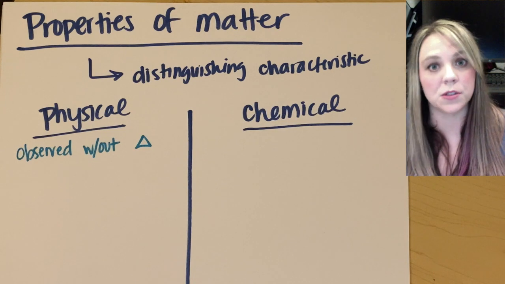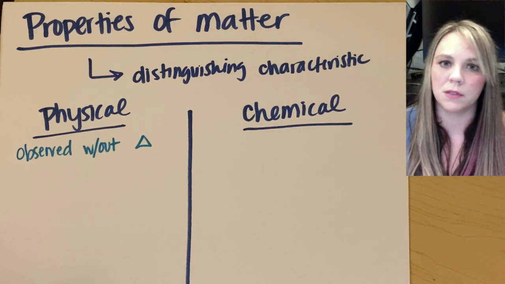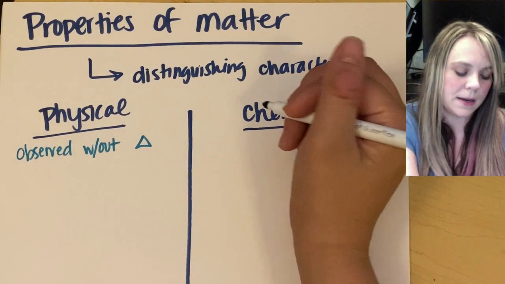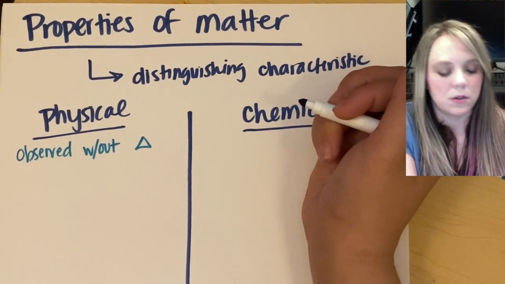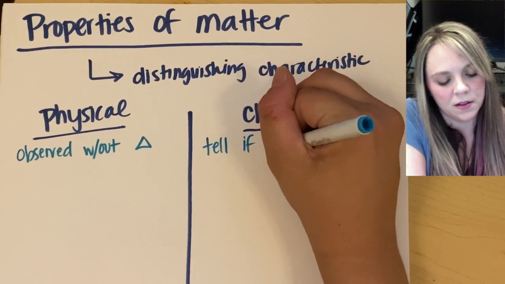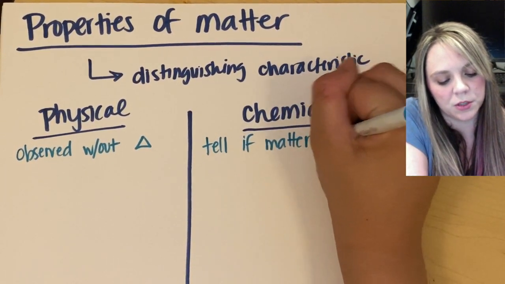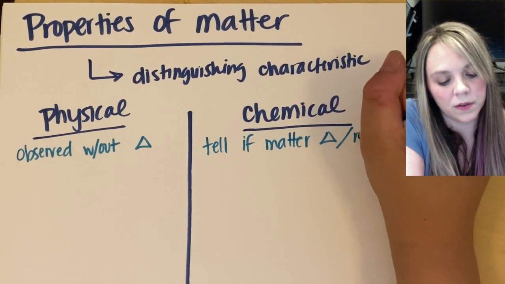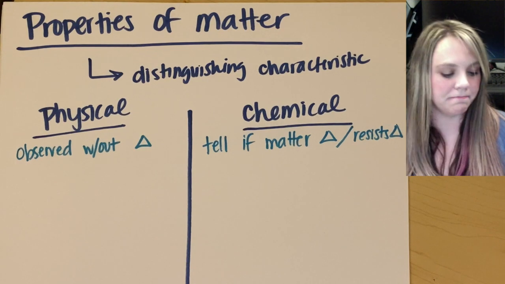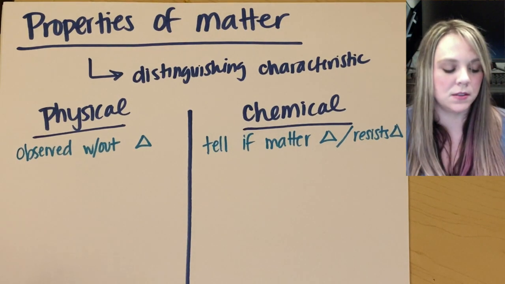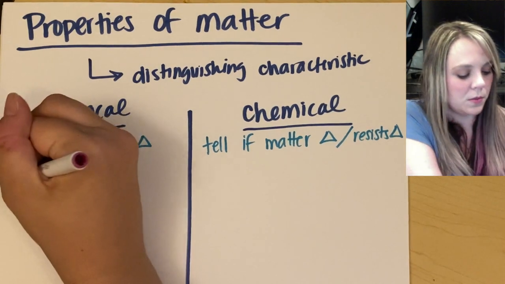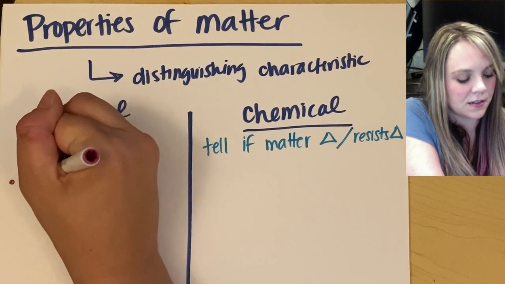Is it going to change or is it going to resist change? Is it going to catch on fire or will it resist catching on fire? So it will basically tell if the matter will change or if it resists change.